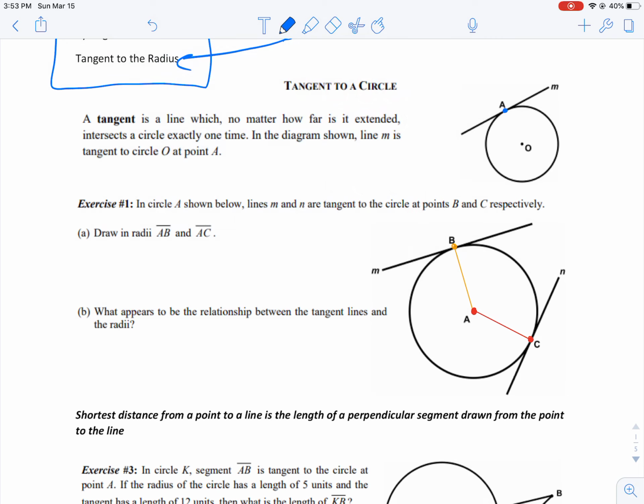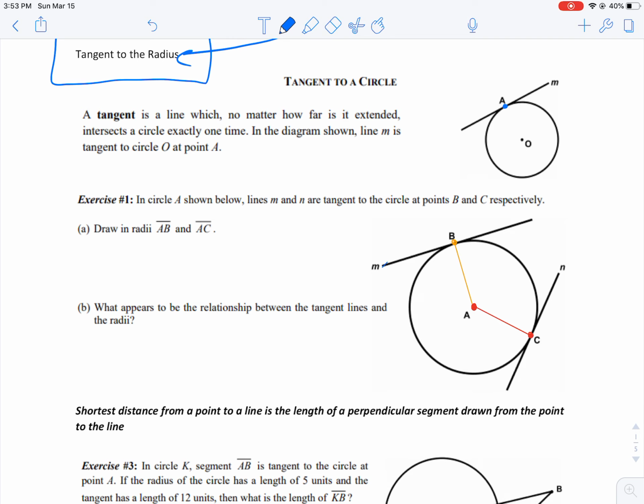What appears to be the relationship between the tangent lines and the radii? Take a look at these lines and see if you notice that there's anything formed between these two. Anything special that is formed from these radius going to the tangent line.